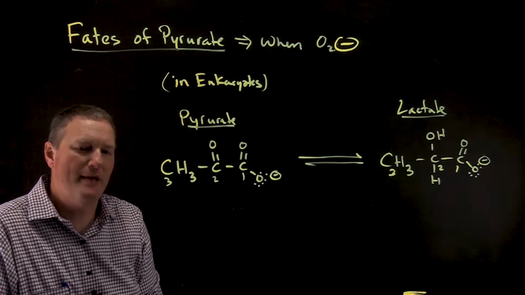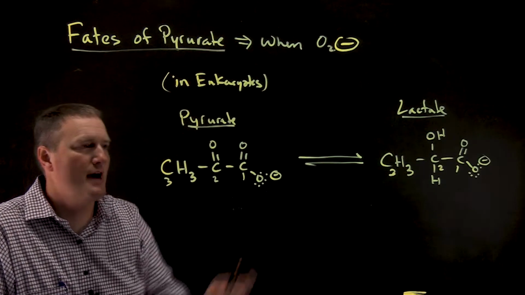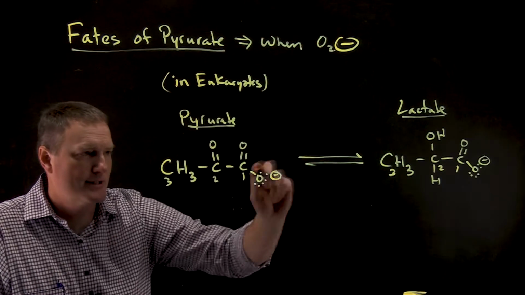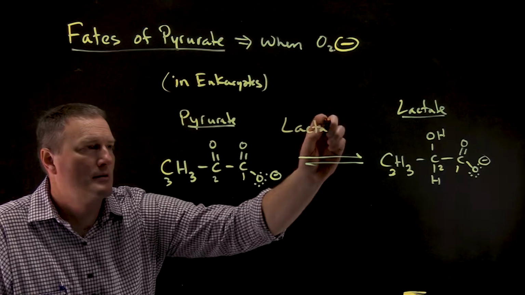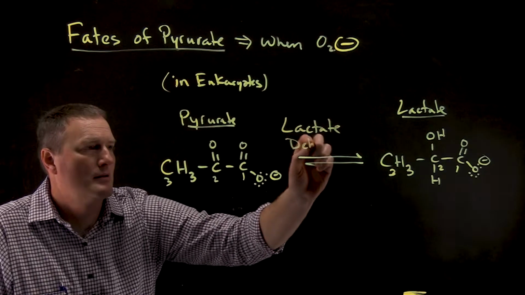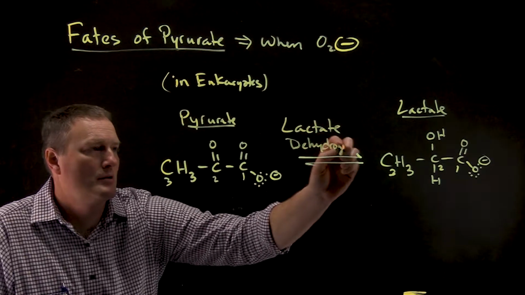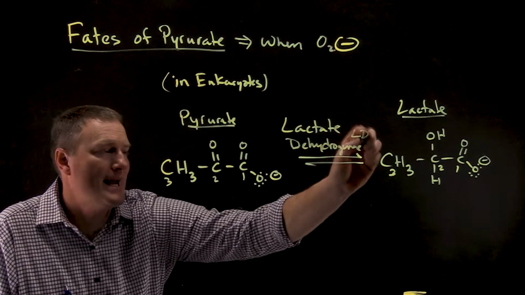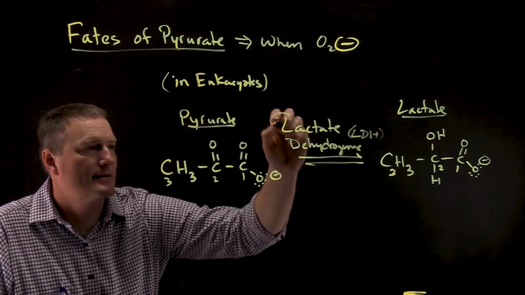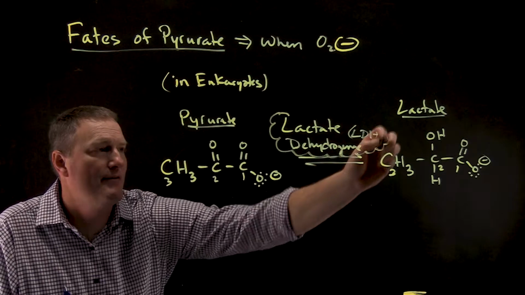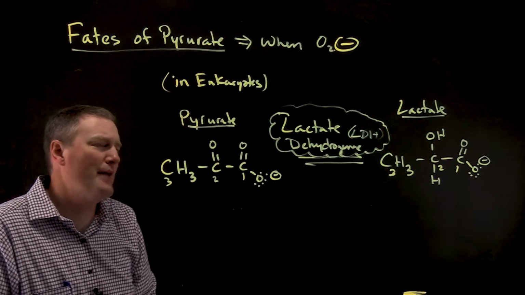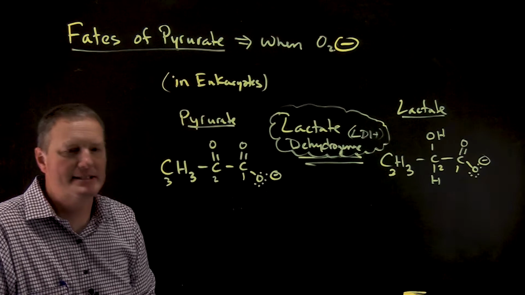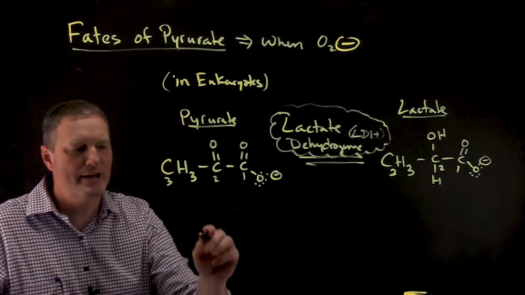So what's actually happening in this reaction? Well, first off, the enzyme that converts these two is called lactate dehydrogenase, or LDH, it's often abbreviated as, a very, very important enzyme. So in this pathway, what's actually happening is this compound called NADH will be used.